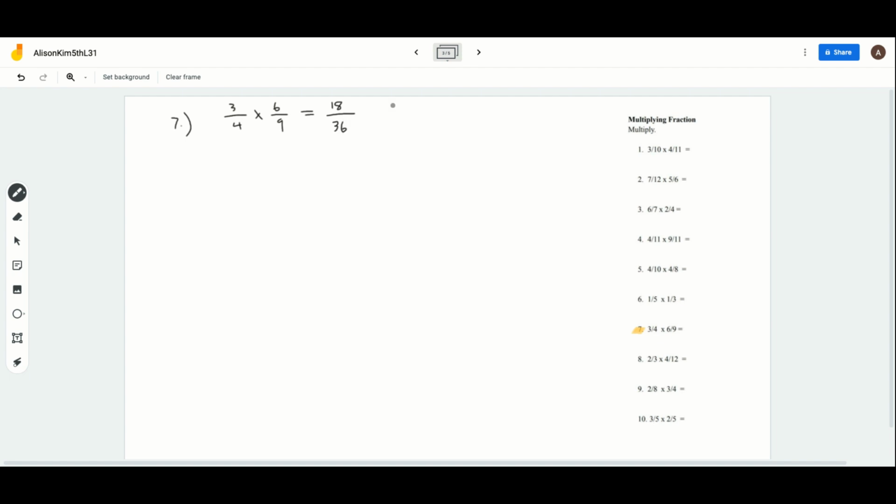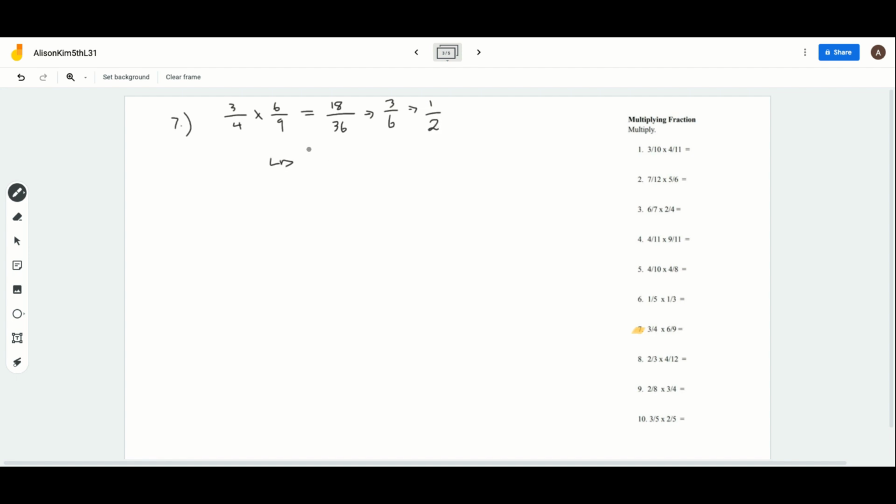However, one thing that you must do is simplify. So we know that 6 can go into both 18 and 36, so we're going to get a 3 on top and a 6 on the bottom. But once again, 3 can go into 6, and so it's going to become 1 on top and 2 on the bottom.